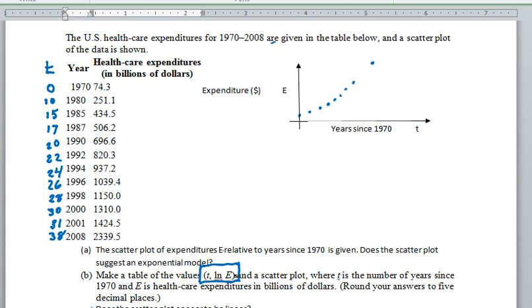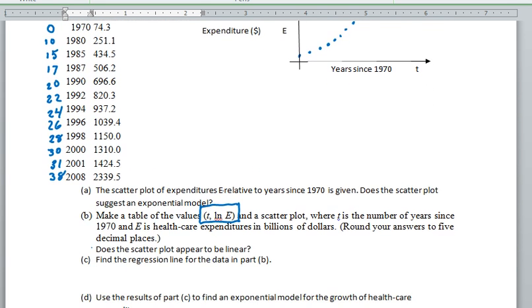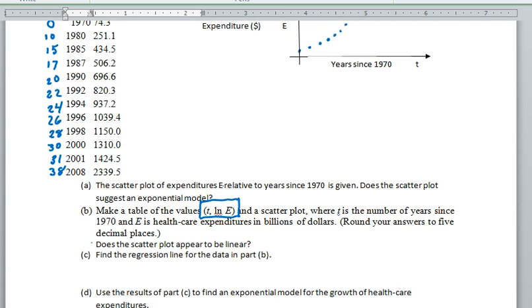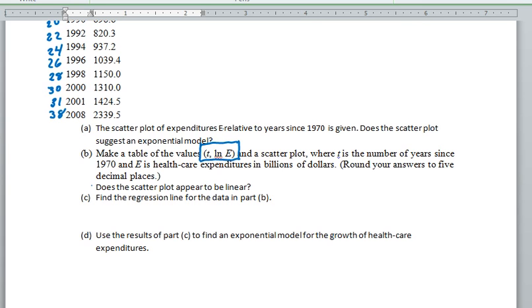If it is linear, we will then proceed to find the equation of the regression line and then manipulate that using our properties for logs and exponentials to get an equation of t and the original expenditure data.